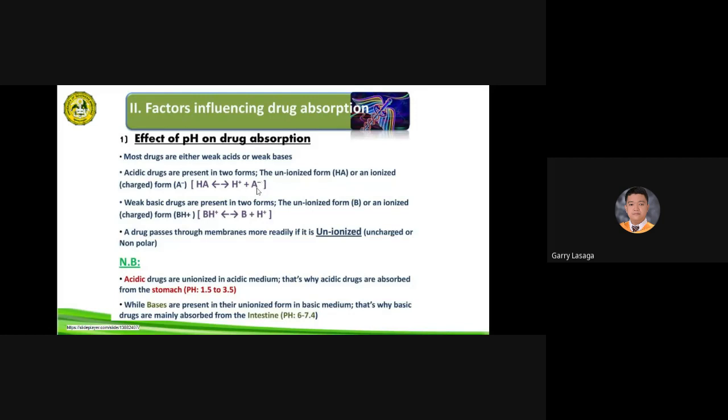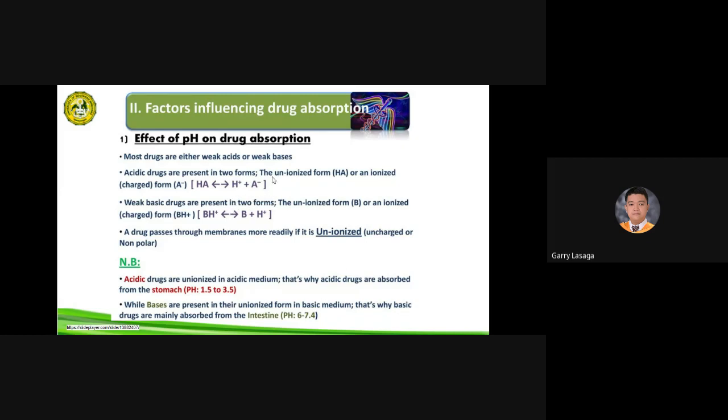The A minus is formed after the removal of the hydrogen ion. So for example, when we put an acidic molecule, a weak acid, in a solution such as water, the hydrogen ion will dissociate, forming the conjugate base, A minus.